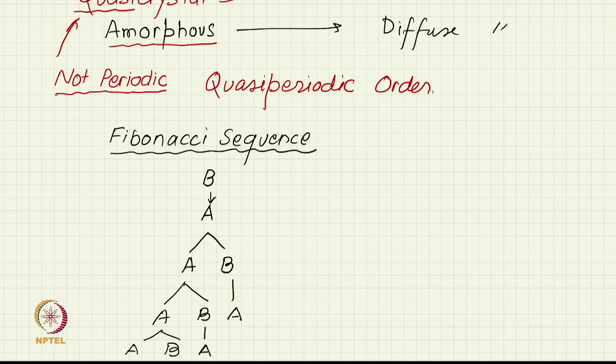So, in each generation B becomes A and A becomes AB. If you see the number of these elements, that is what in number theory is known as Fibonacci number. So, you have 1, 1, 2, 3, 5. Every number is the sum of the two previous numbers.